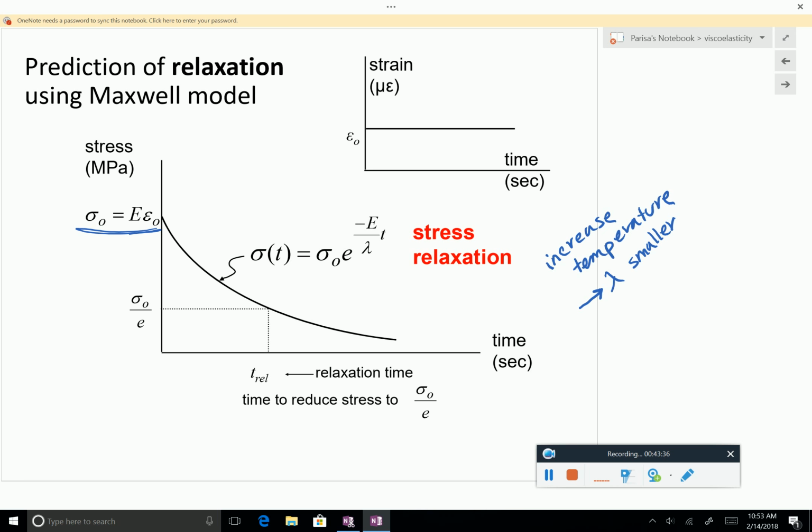Does everyone know what I'm asking? This is for lambda. If we increase the temperature, just like in the exam, lambda becomes a smaller viscosity. I'm asking, how do you think the relaxation behavior will change? Try to draw a curve with dash lines or something like that. So this becomes smaller. E doesn't change much.